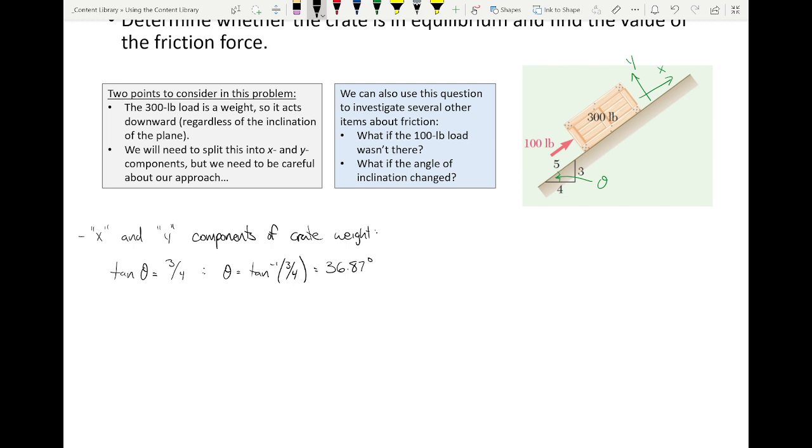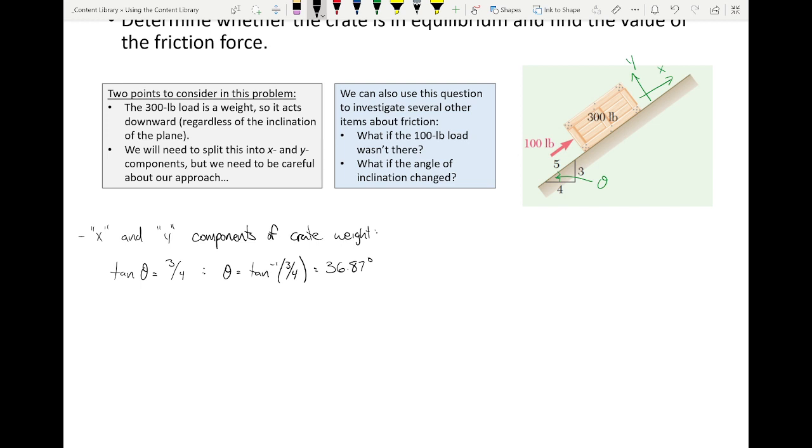36.87 degrees. So this ramp is at an incline of 36.87 degrees. So I propose that when I split this up into the x and y components, the bigger component should go along the y-axis. Would that be a fair statement?